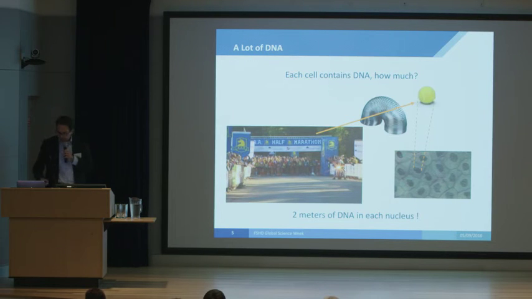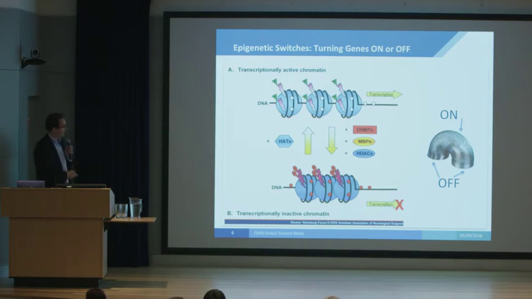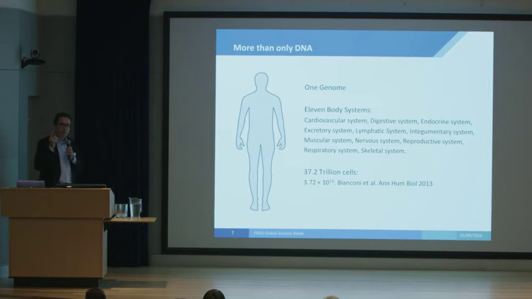And that's also what you can see over here in a more complicated way. Here we have our DNA wrapped around proteins, and basically the cell can make decisions on which parts of the genome it wraps very tightly, to make sure that there is enough space in this nucleus to put these 2 meters of DNA within the nucleus, and which parts it opens up so that it can use that information that is available there for the cell. And it really makes sense because we have only one genome.